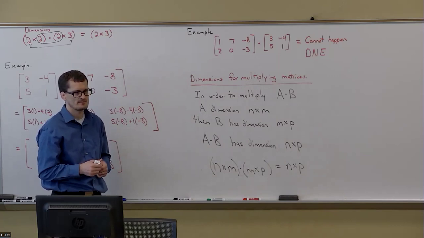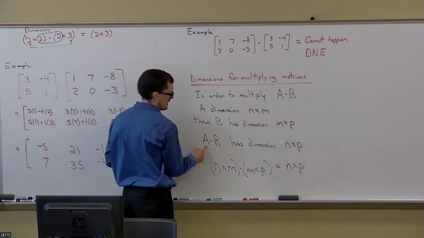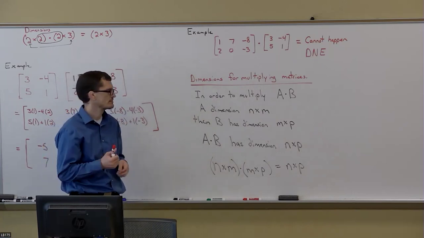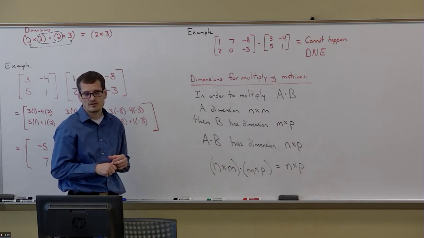Okay. The number of columns in A has to match the number of rows in B for us to be able to do multiplication. Does that work?